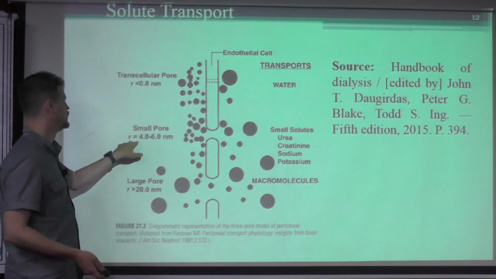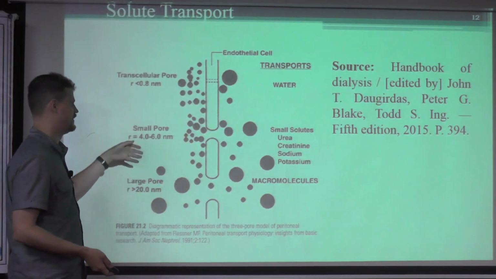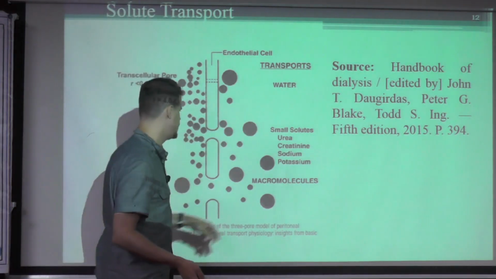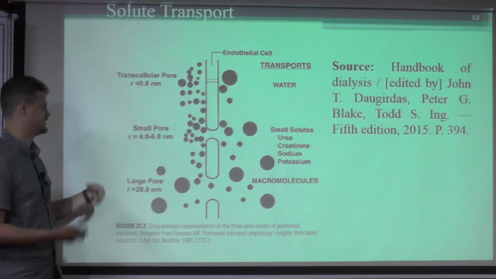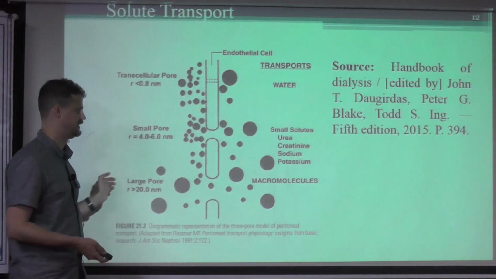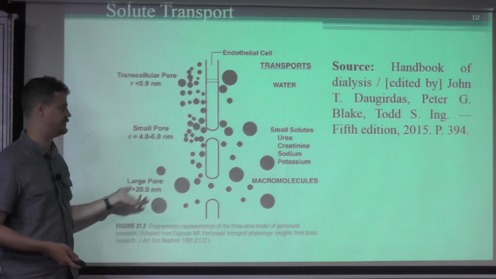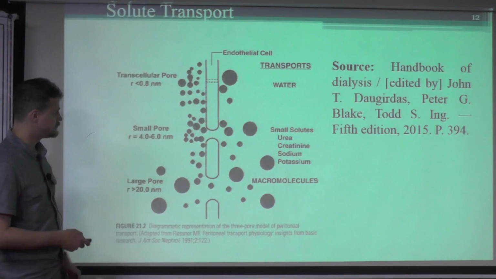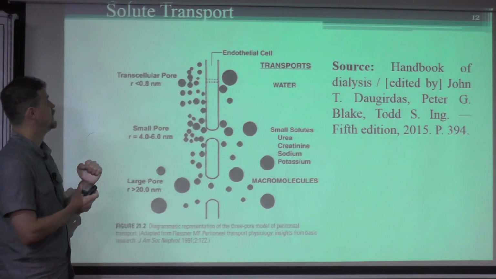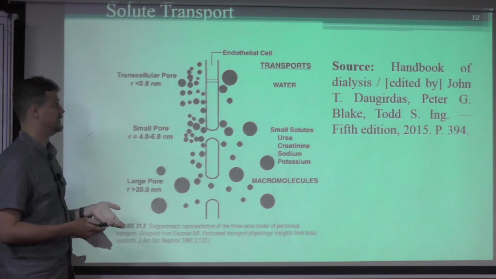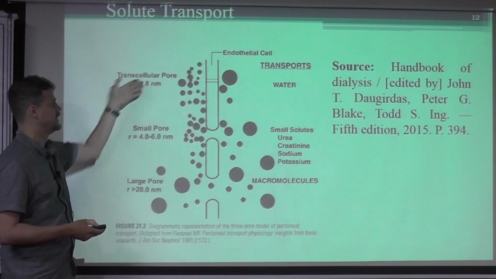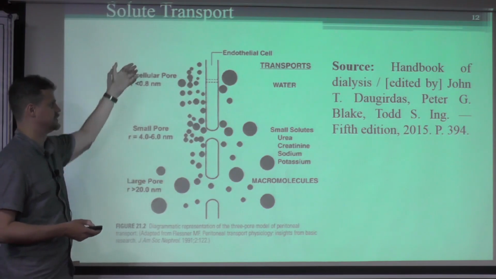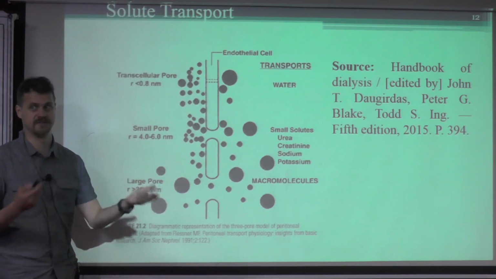There are some small-size pores that provide the diffusion of small solutes, and there are large pores that provide the convective transport of macromolecules and the diffusive transport of small solutes through these pores. That's basically the breakdown in case there is a necessity to consider removal strategies for many solutes of different size.